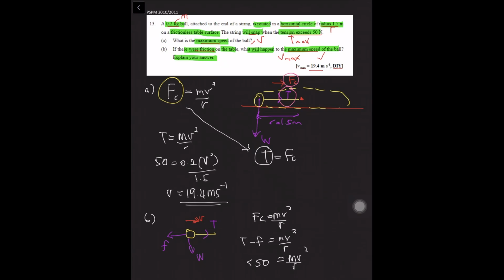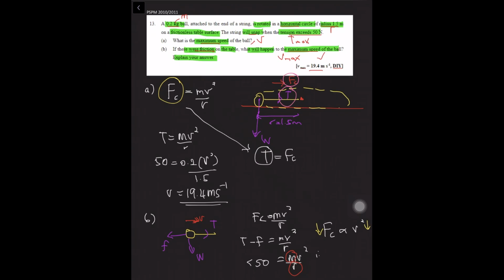Since mass and radius are constant, our Fc is directly proportional to speed squared. And now our Fc is decreasing. So what will happen to the speed? Our speed will also decrease.